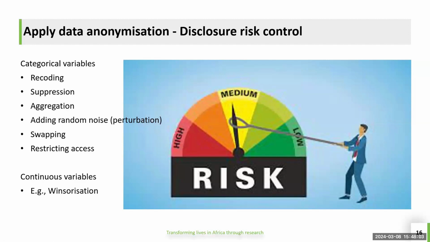It's not just adding some noise in an unsystematic way, but some way of adding some noise to your data so that when someone thinks they found John, they are not 100% sure. And then swapping also, you can swap around some occupations and so on. So all this is leading to some information loss, as you can see.